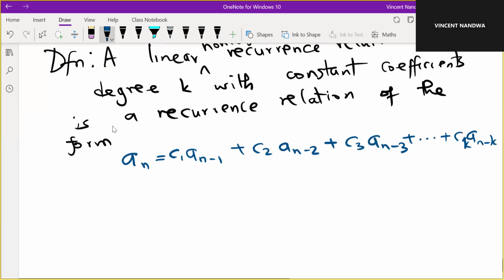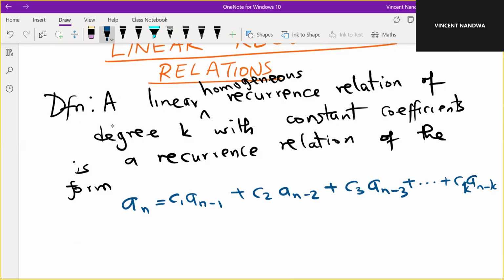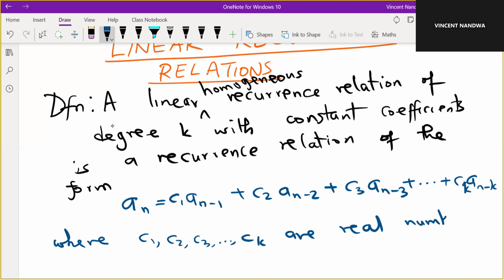where these c_i's are real numbers. And for this to be a kth degree recurrence relation, c_k must be non-zero.